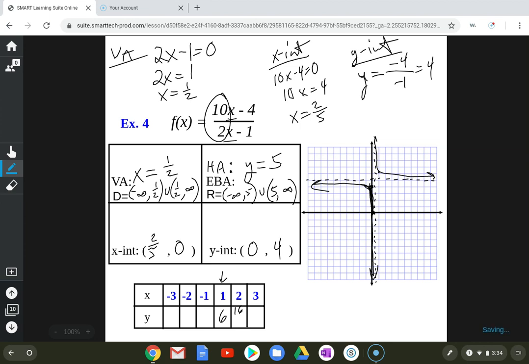So I have 16 thirds. And then they start to get kind of ugly. At negative 1, negative 10 minus 4 is negative 14 over negative 3, so you have 14 thirds. Not very pretty. I'm happy if you just get your asymptotes right and sketch your intercepts and sketch your graph.